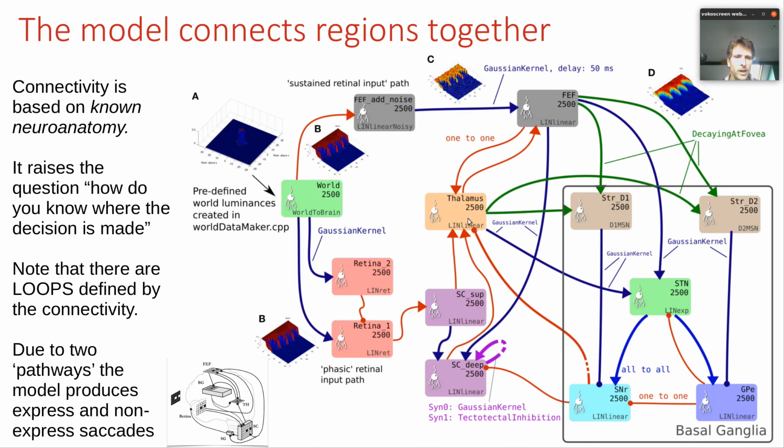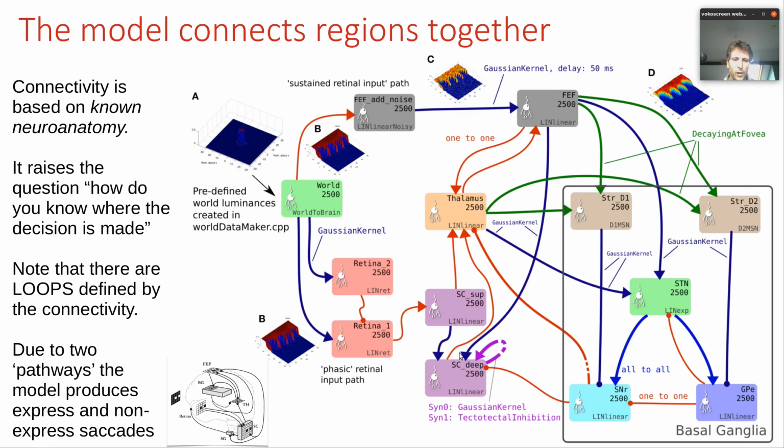And so suppose I had a competition in frontal eye field, and the competition was actually achieved in frontal eye field. Well, frontal eye field is also exciting the deeper layer of the superior colliculus in this model.